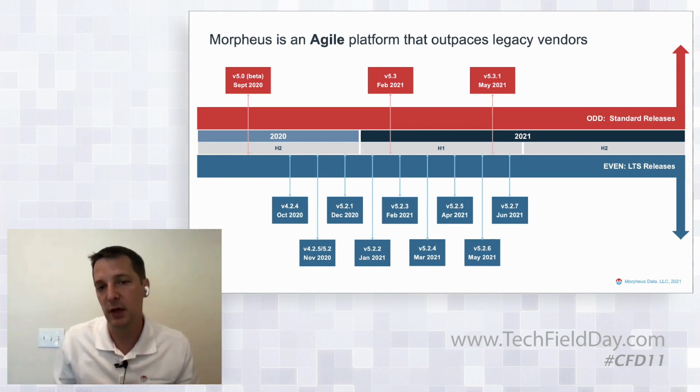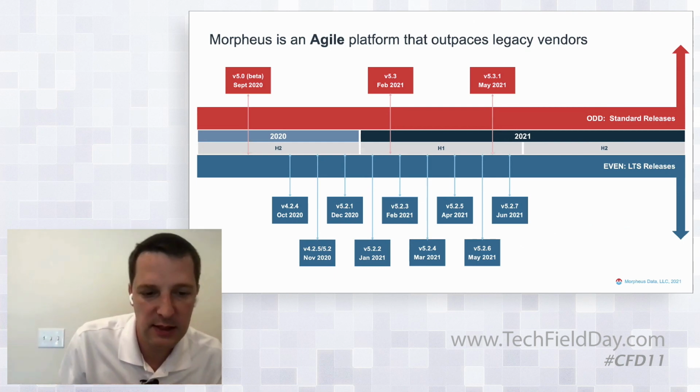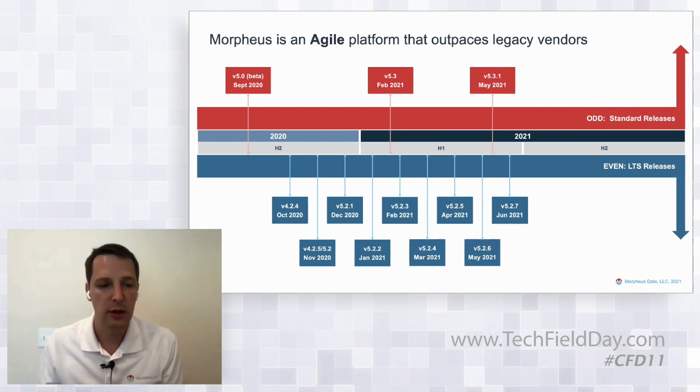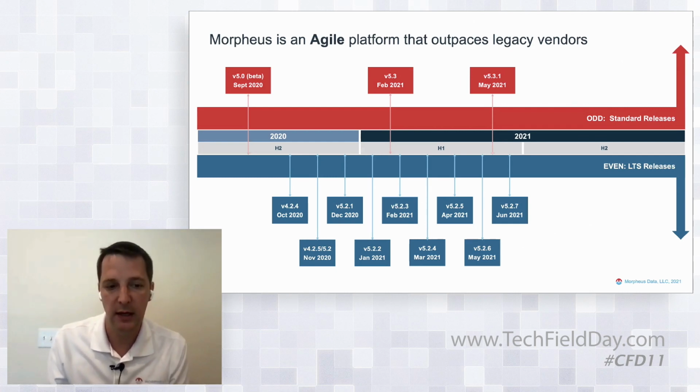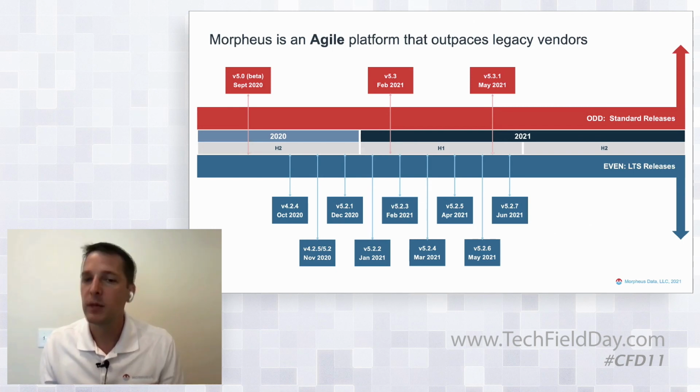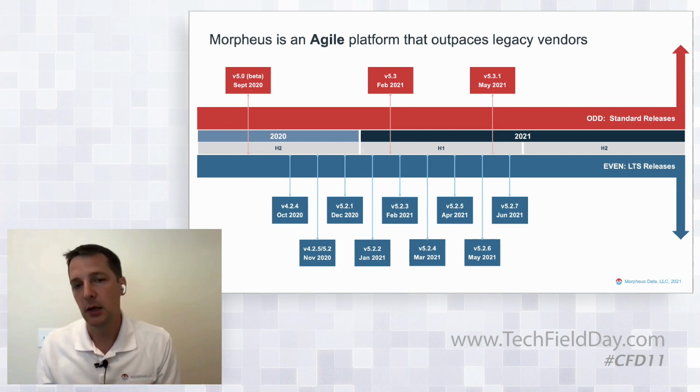This allows us to move very quickly. That's why you'll see some of the stuff with the Morpheus product, how it moves so fast within a year. Looking at Morpheus today versus looking at it a year ago will look drastically different than you may have seen before. And it does this every year. This is one of the reasons we're able to do that and maintain that stability and top-notch support within our company. So just want to highlight that.